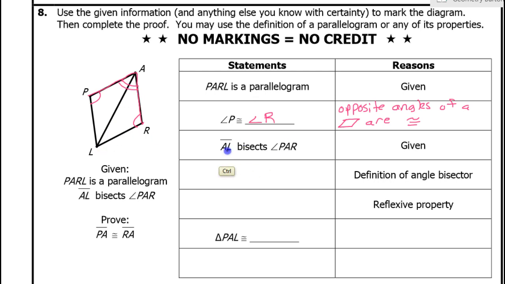Now, along comes segment AL and bisects that. And we know that bisecting means that it splits it right down the middle. So that breaks this angle into two congruent parts. So I will immediately say that angle PAL, it's this first half, angle PAL is congruent to angle RAL, the other half.